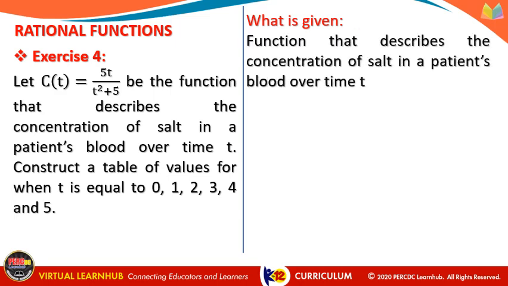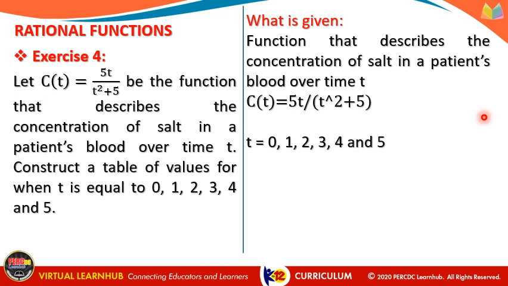This time nga lang salt, so hindi na drug. So ito siya, 5t over t squared plus 5. Given din yung mga gagamitin nating time: 0, 1, 2, 3, 4, and 5.